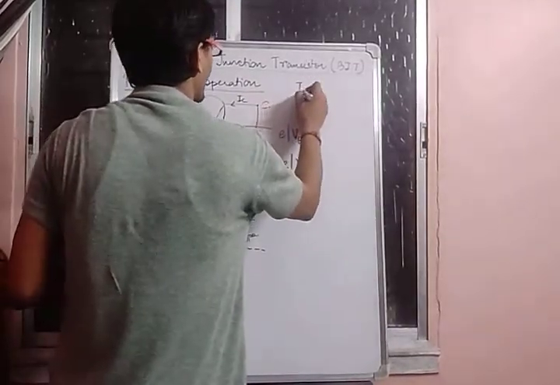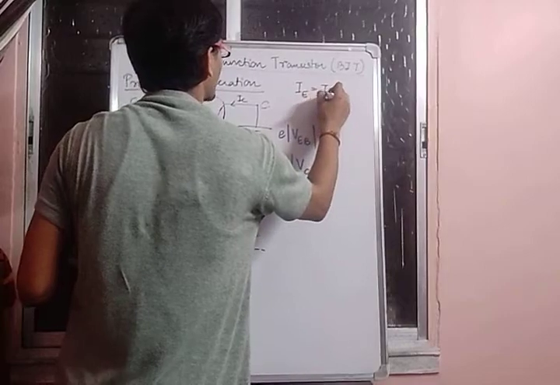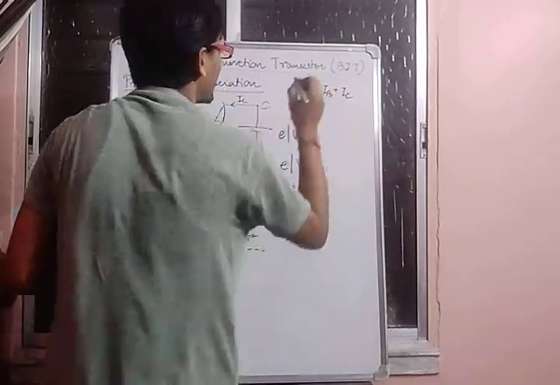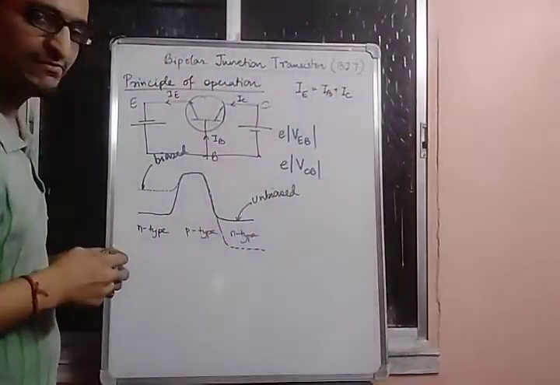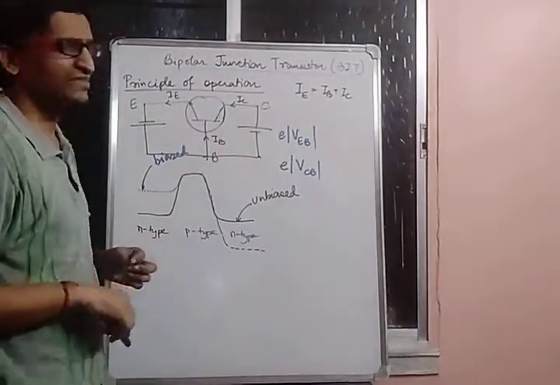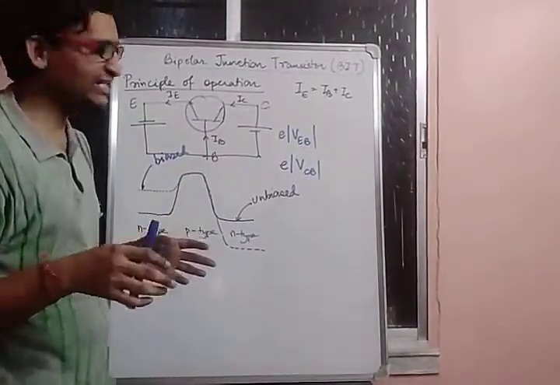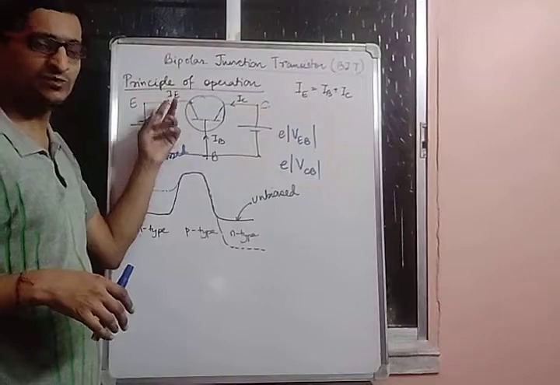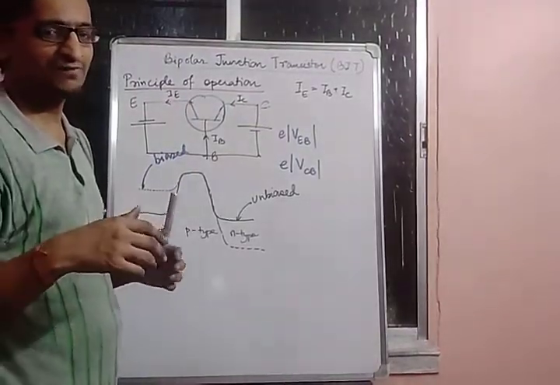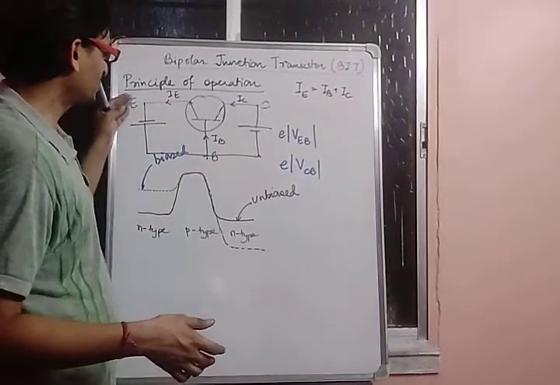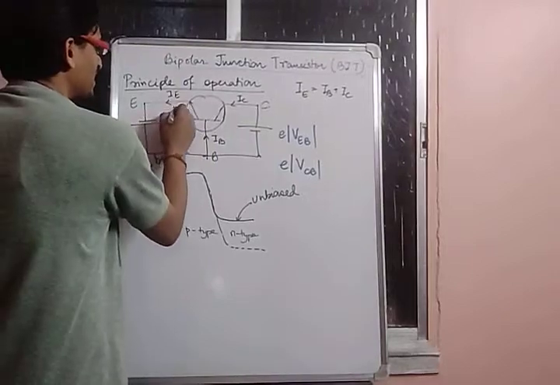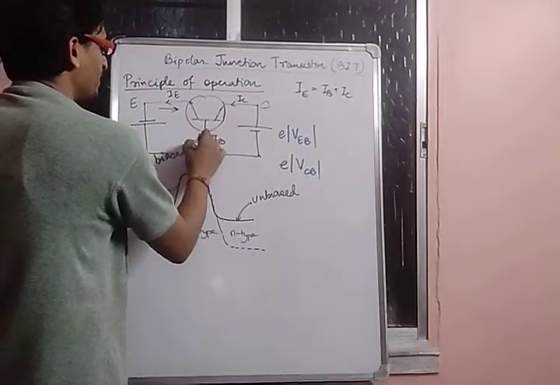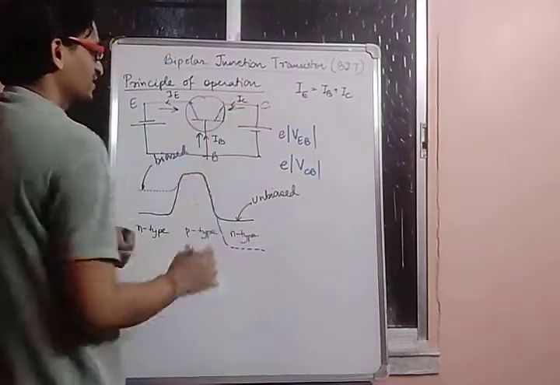So in case of an NPN transistor, IE will be equal to IB plus IC if I apply KCL. Generally in some books, IE is taken to be negative, because there is a convention that the conventional direction of all currents is incoming.